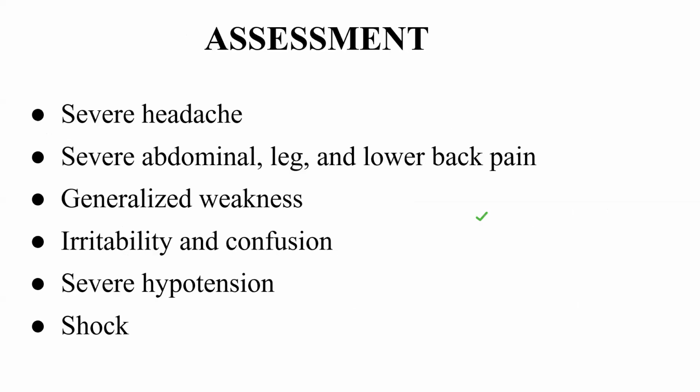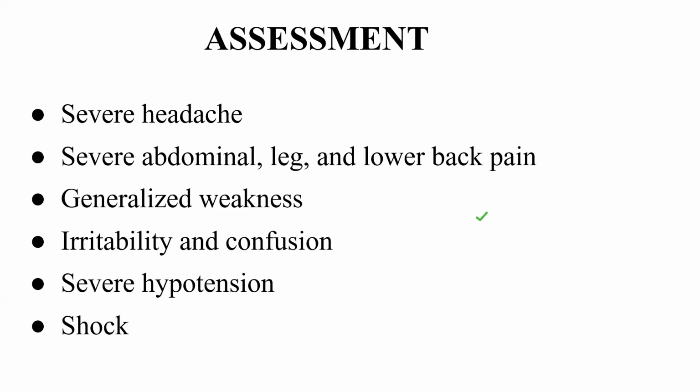What are the assessments? Clinical manifestation. Patients with Addisonian crisis always come down with severe headache. They always have severe abdominal, leg, and lower back pain. Recall, everything here is severe because it's an advanced stage of what? Addisonian crisis is an advanced stage of Addison disease. Please, let's keep that in mind.